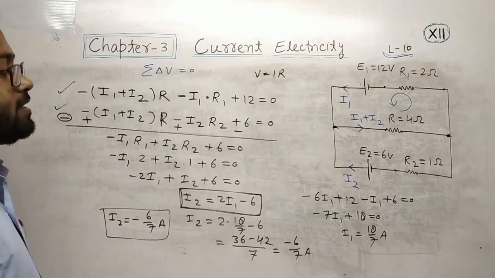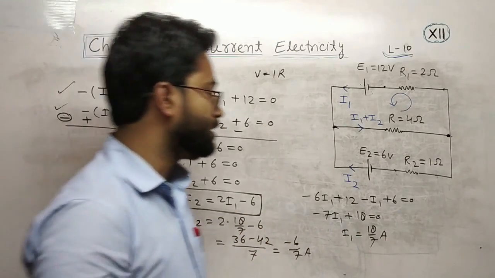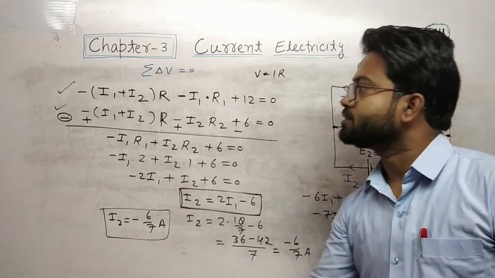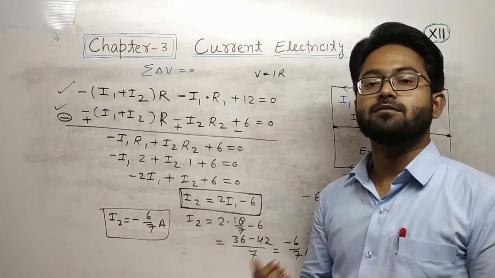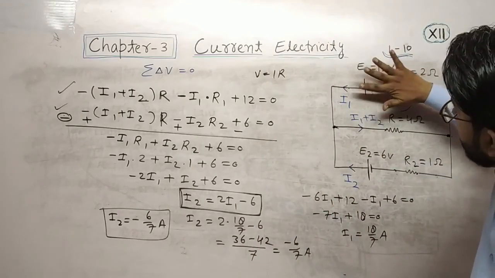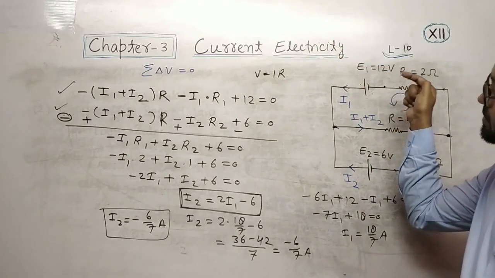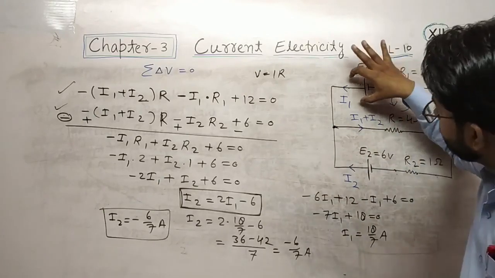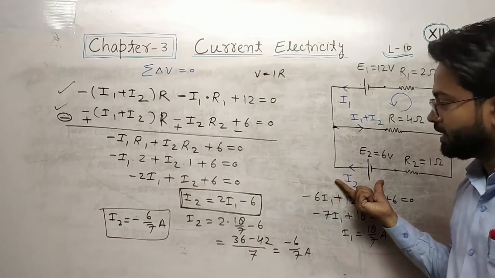I1 is 18 by 7 ampere and I2 is minus 6 by 7 ampere, which means I1 is positive and I2 is negative. What do we mean by positive and negative? A positive or negative sign shows the direction. We have taken I in this direction, which means after calculation the current I1 is in the direction we took in the figure. But I2 is in the opposite direction to what we have taken.